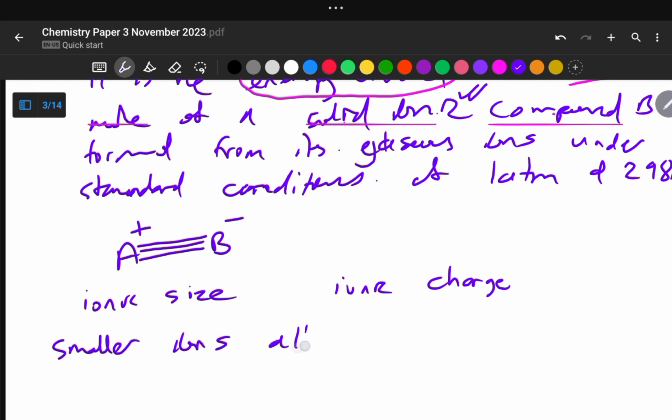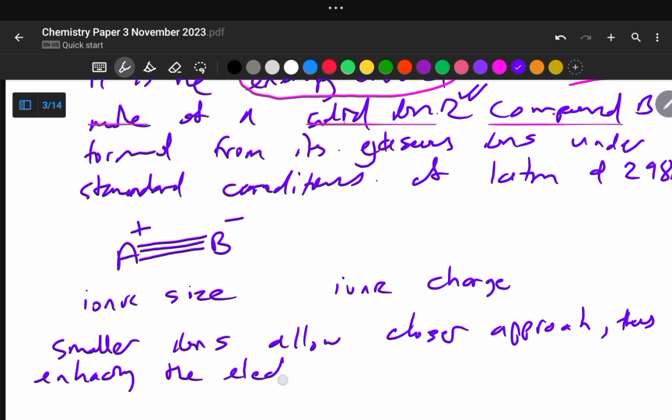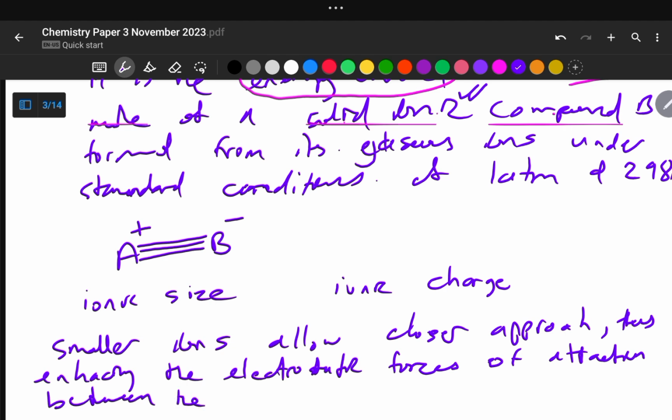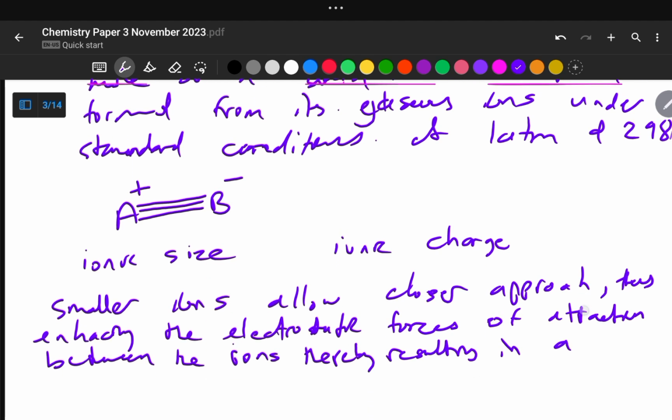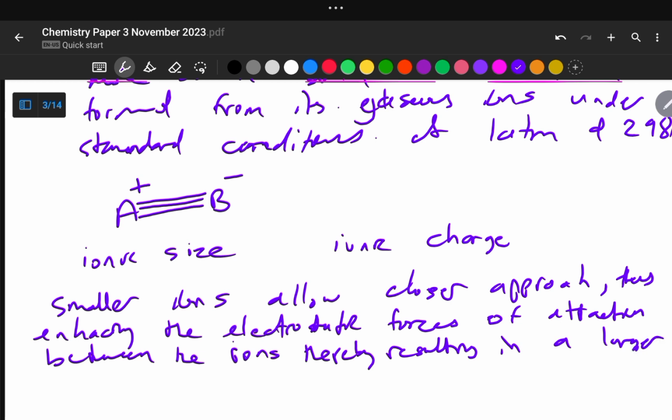So you can say that smaller ions allow closer approach, thereby enhancing the electrostatic forces of attraction between the ions, thereby resulting in a larger magnitude of lattice enthalpy.